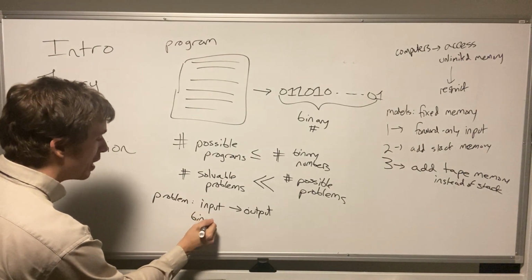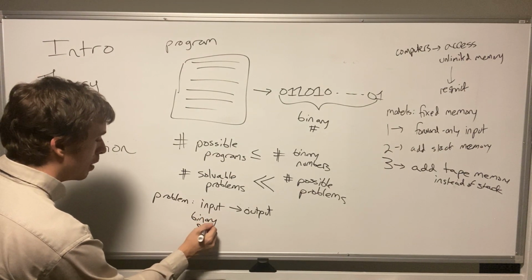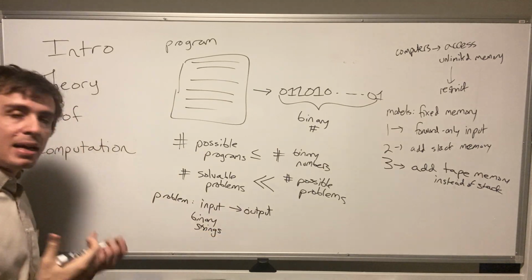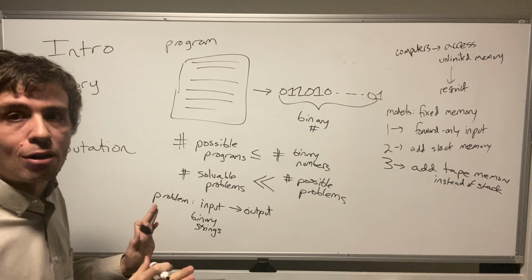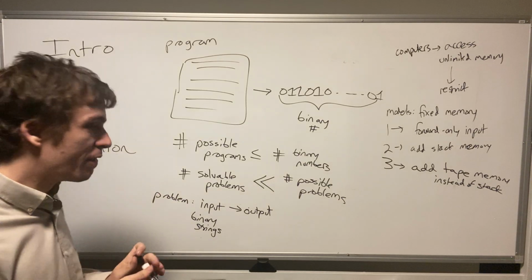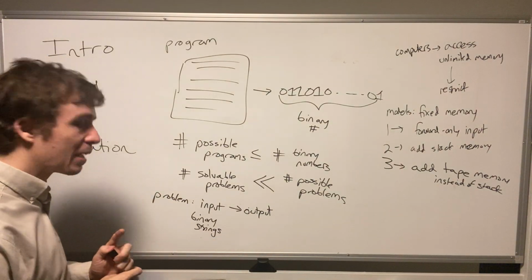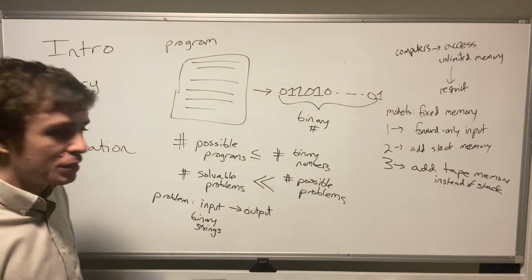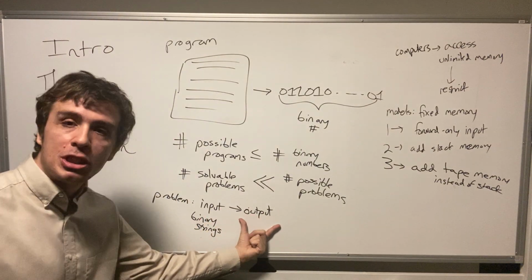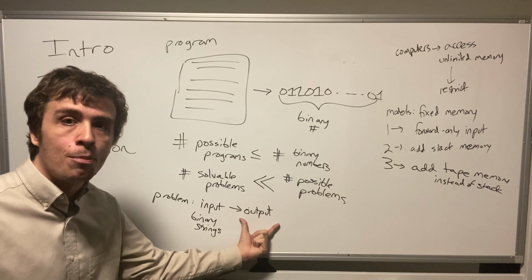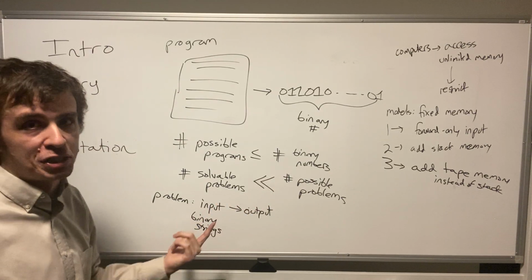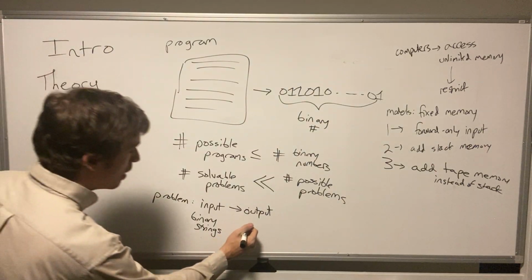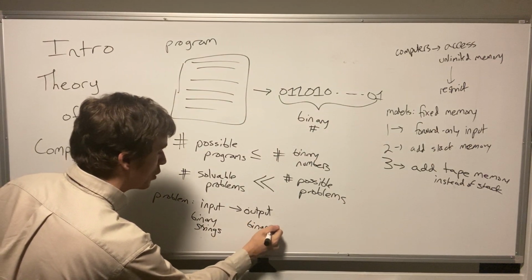These are the set of binary strings. And it doesn't have to be binary, it could be unary or ternary. It doesn't really matter exactly what it is, as long as we have an infinite number of things here, because there are infinitely many possible inputs. And for the same reason, in principle, there are infinitely many possible outputs. Remember, this is possible problems, not the ones that are realizable necessarily. So the output is a set of binary strings too.